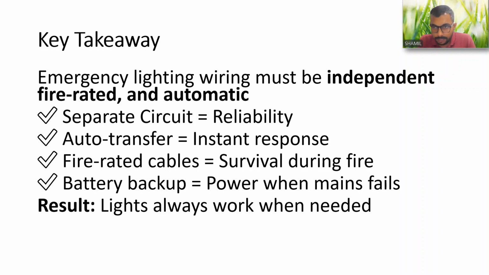Then we have the fire rated cables, to ensure that the emergency lights operate during the time of fire, and the battery backup is to ensure that the emergency lights or the exit lights will be working during the power failure time when the mains fail. So lights should always work when needed. That is the main concern when it comes to the emergency and exit lights.